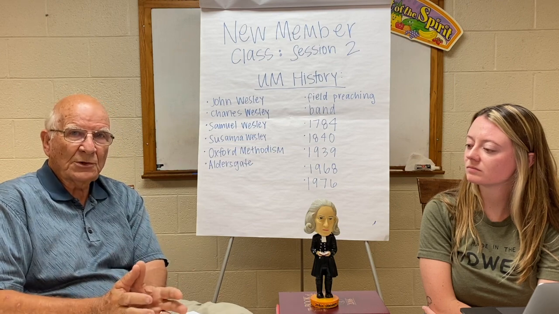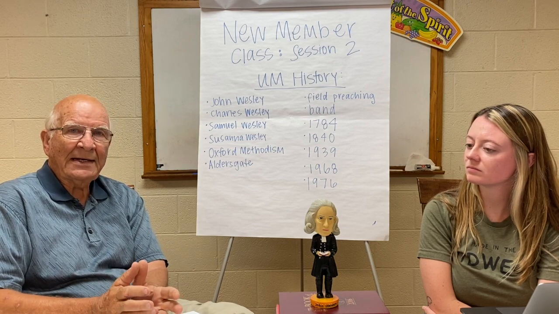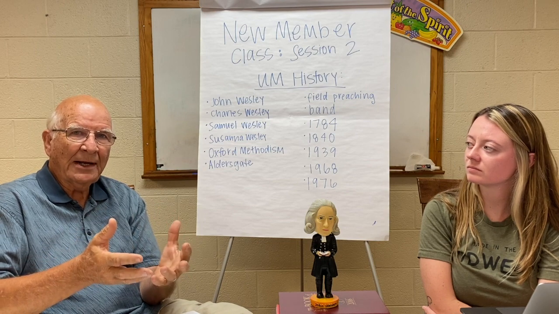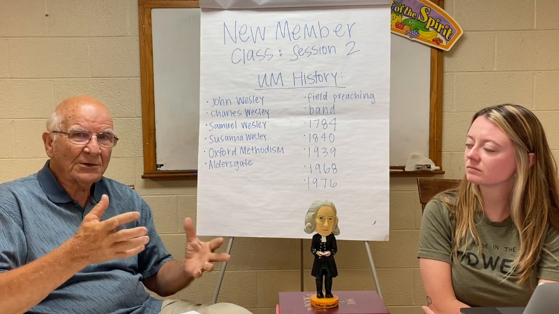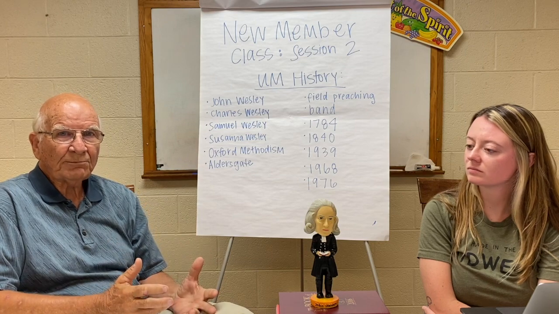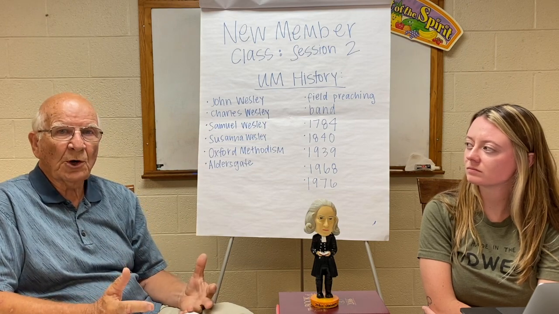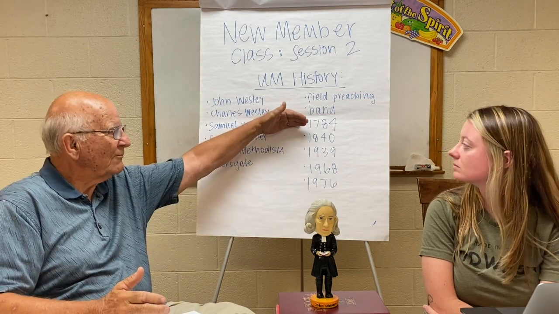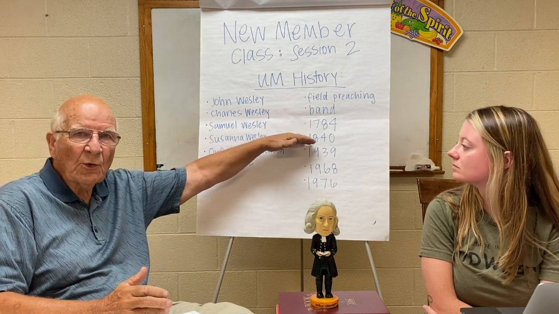Lay preachers were formative in the early Methodist Church in America because ordained persons just were not that plentiful, but lay preachers were. And so there was tremendous growth from 1784 to 1840.